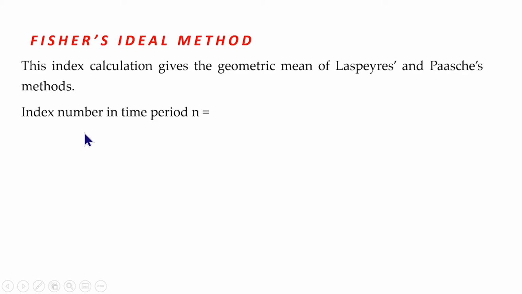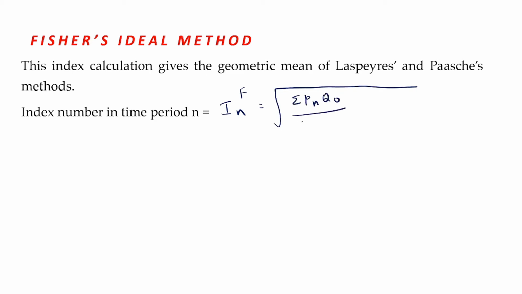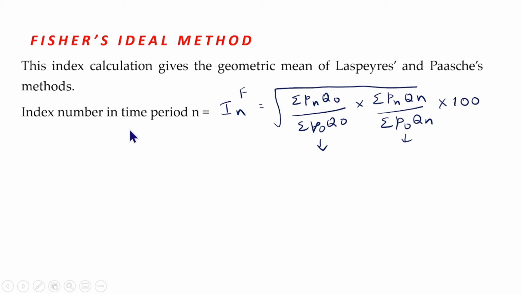So the index number in time period n is given by I n F equal to root of summation Pn Q naught upon summation P naught Q naught, this is Laspeyre's index, into summation Pn Qn upon summation P naught Qn, this is Paasche's index, into 100. So this is how we can use Fisher's ideal method to find the index number.